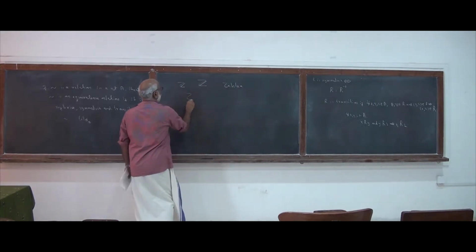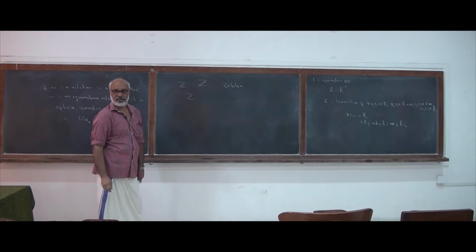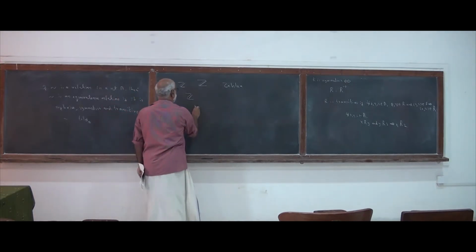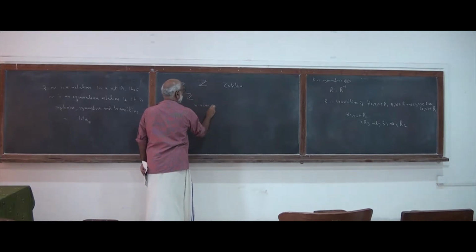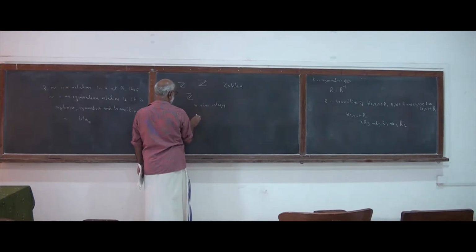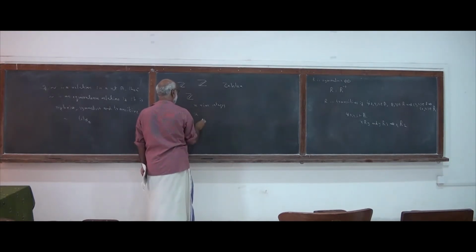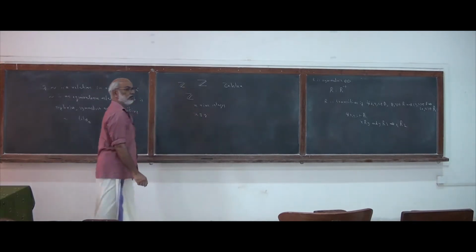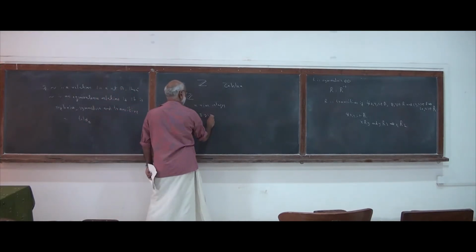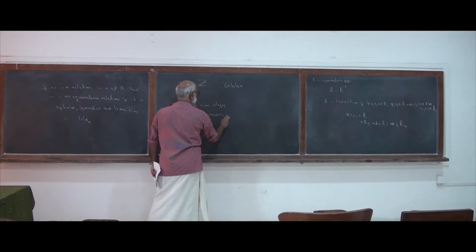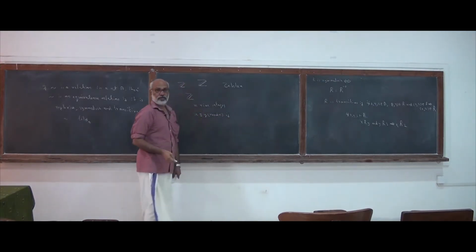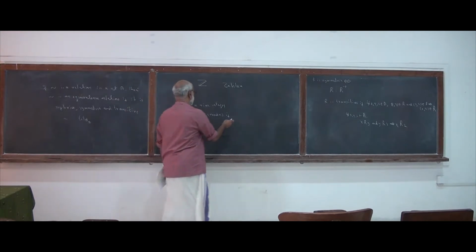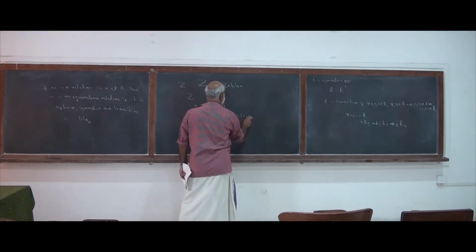So you take the set of all integers. Now you take a positive integer n. Then we have x congruent to y mod n if n divides x minus y.